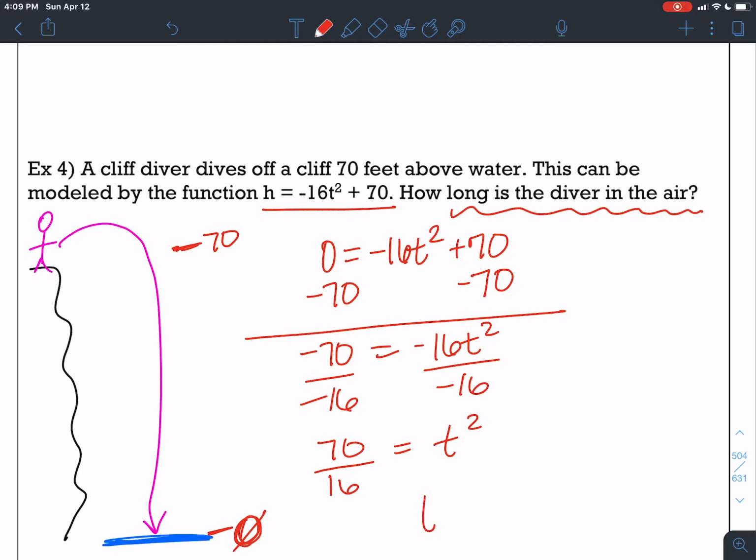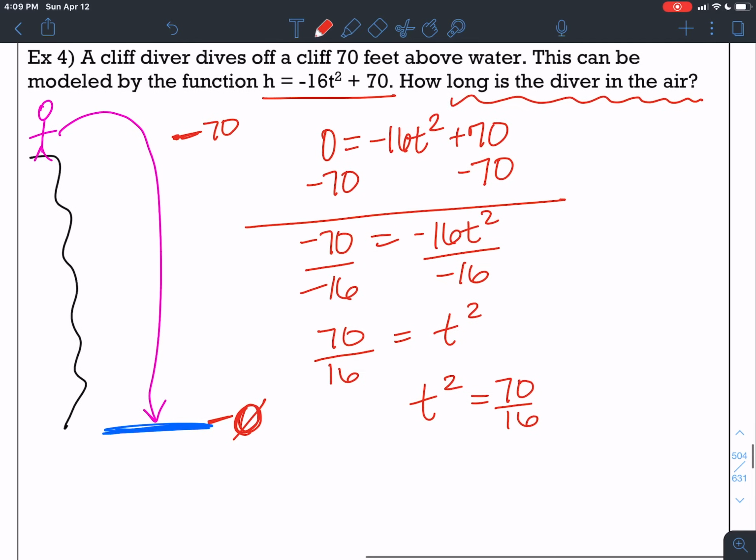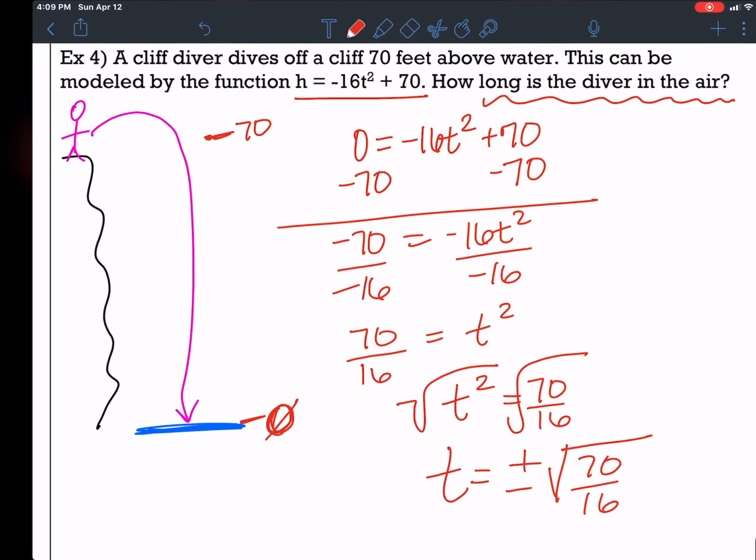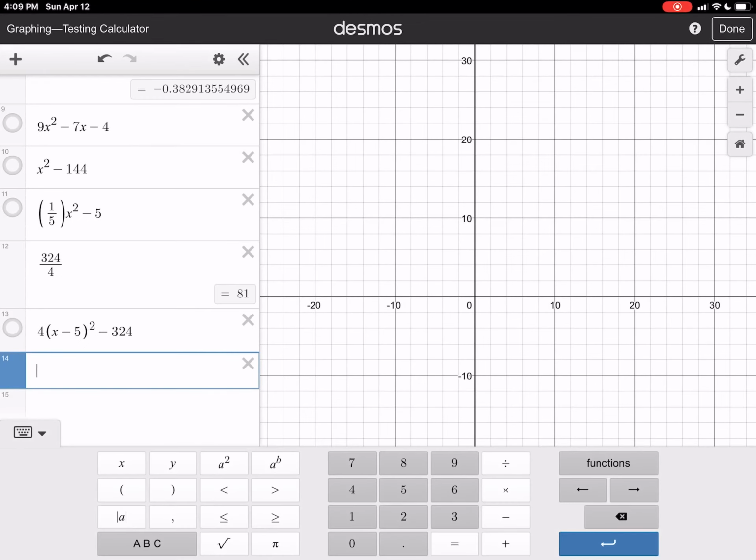And I get t squared equals 70 over 16. Now, I'm going to go ahead and take the square root of both sides. So t is equal to plus or minus the square root of 70 over 16. Let me plug that in my calculator, remembering that I'm going to get two answers, one positive, one negative.